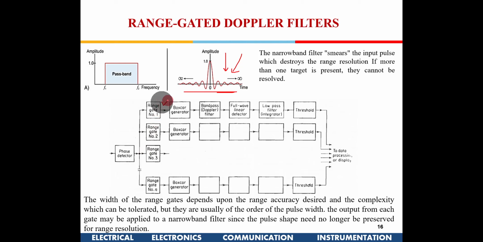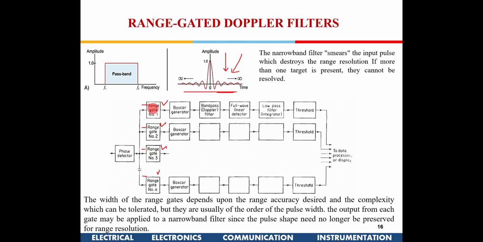So generally in the MTI, I can have some range gates. These gates will be opened for a duration equal to the pulse width of the transmitted signal, but as per the range only.